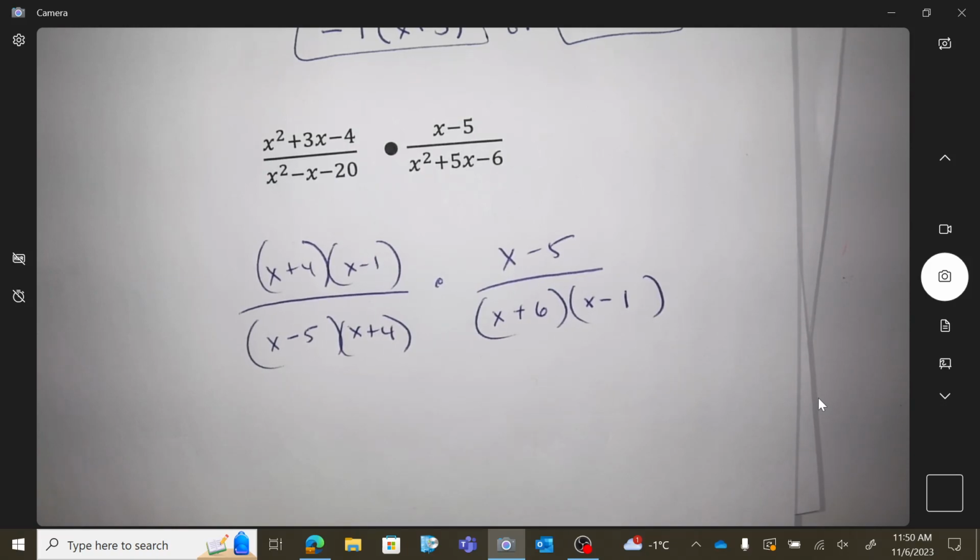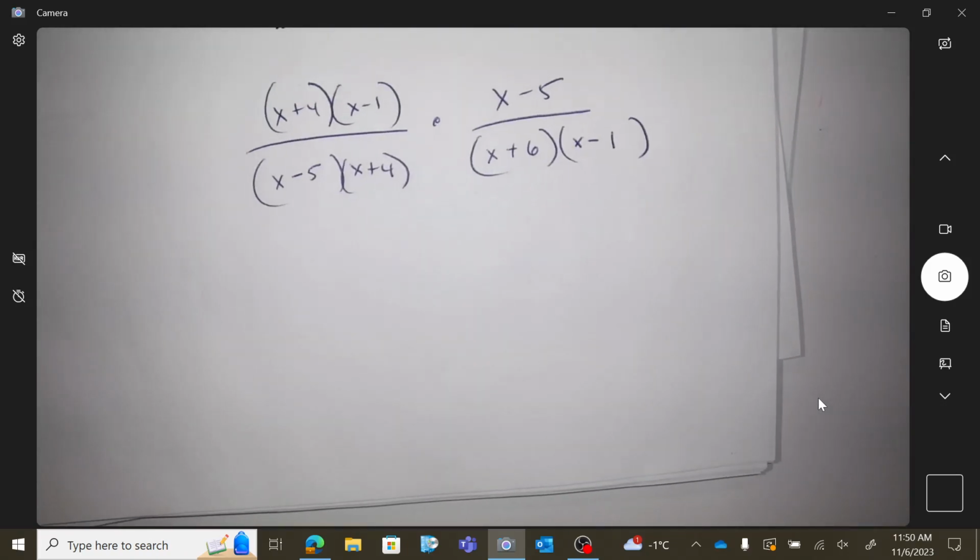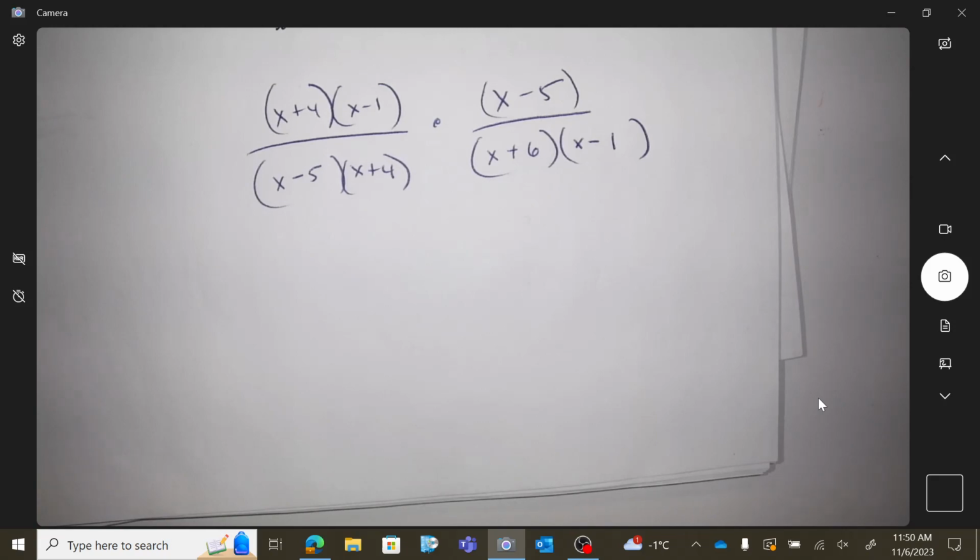Okay, only look at mine when you are done. Okay, how is it going finding multiples of the -6 to make 5? Be careful, are you picking 1 times 6 or 2 times 3? There's almost 2 options, but one is not good.